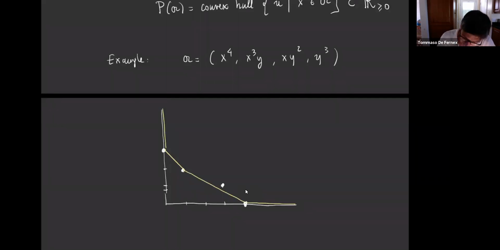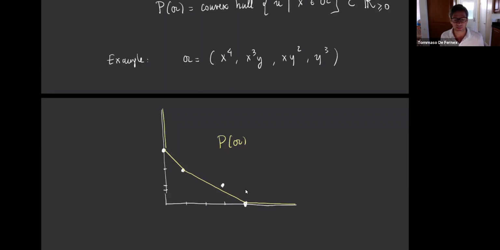So everything in P_A is all the region above this yellow curve that I drew. In particular, the generator x^3y was not really relevant information to compute the Newton polygon. So that's just to say that the Newton polygon can be the same for different ideals.